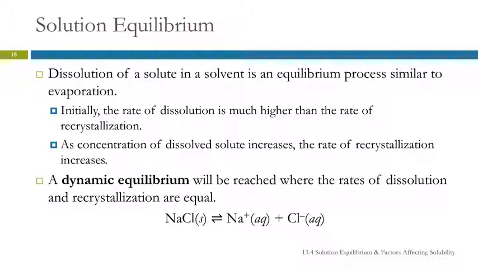But as more and more solute dissolves, the concentration of dissolved solute increases and the rate of recrystallization increases. And at some point, you'll get a dynamic equilibrium where those rates are equal. So we have sodium chloride solid dissolving into sodium ions and chloride ions, and sodium ions and chloride ions combining, recrystallizing to form the solid again.